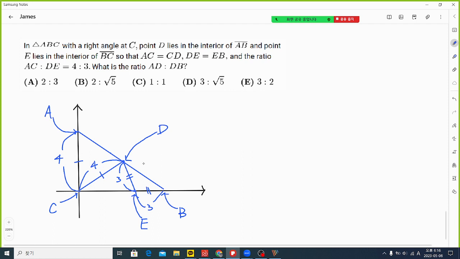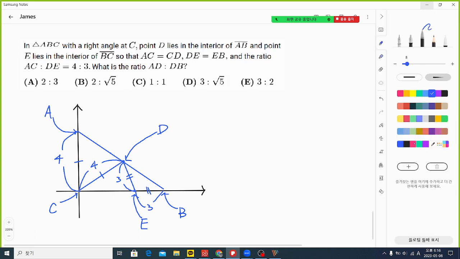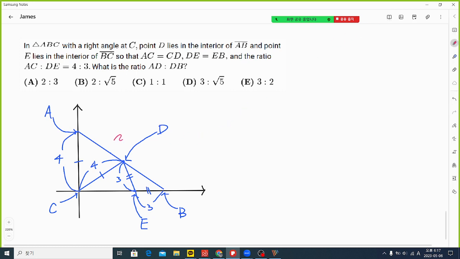So ACD and DEB are both isosceles triangles. So they have congruent base angles.